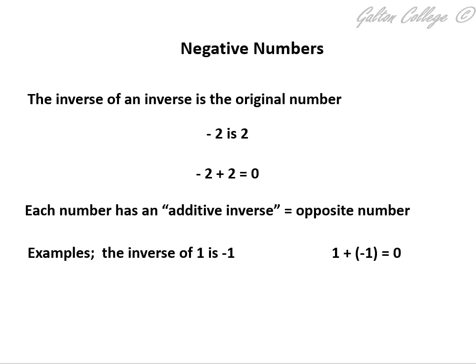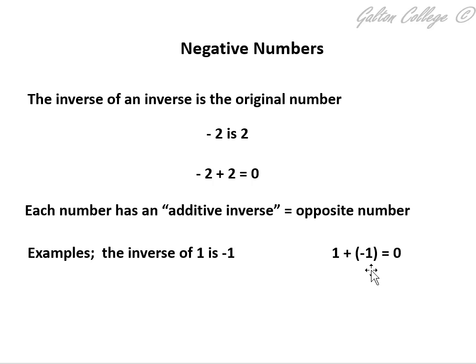Examples of the inverse are 1 and minus 1. So 1 plus minus 1 is equal to 0. Note the way I've written this, by the way. I didn't write down 1 minus 1. I'm adding the inverse. The inverse is minus 1, but I'm adding it. I'm showing you that I'm adding it. I start with the number and I add the inverse. I've got a little plus sign here.